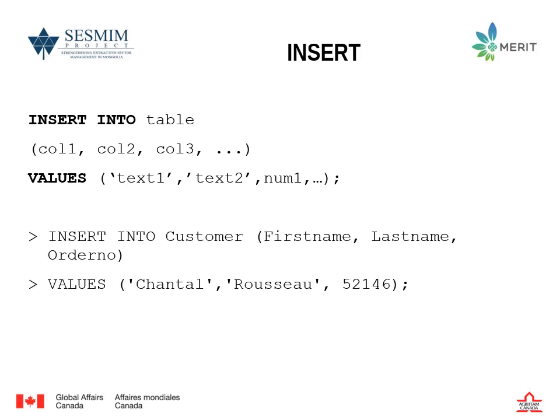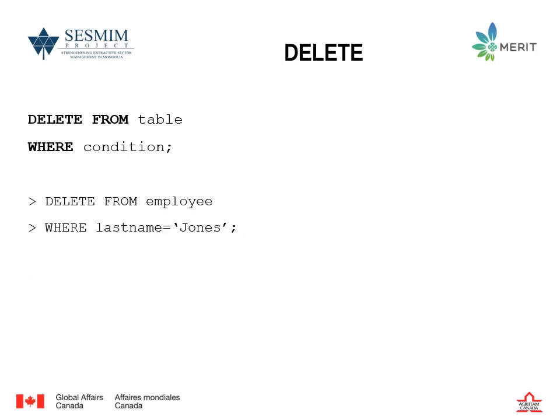So the syntax would be insert into a table, and you give in parentheses the names of the columns, column 1, column 2, column 3, and then values, whatever it is, text 1, text 2, num1, depending on the data type. So for the first 2 columns, it appears we have text columns, and the third one is a numeric column. This is how you would delete.